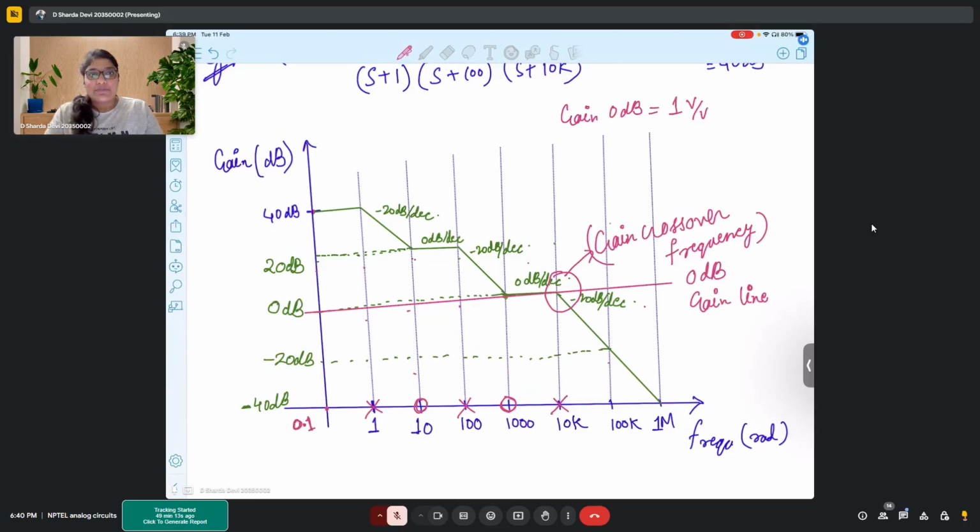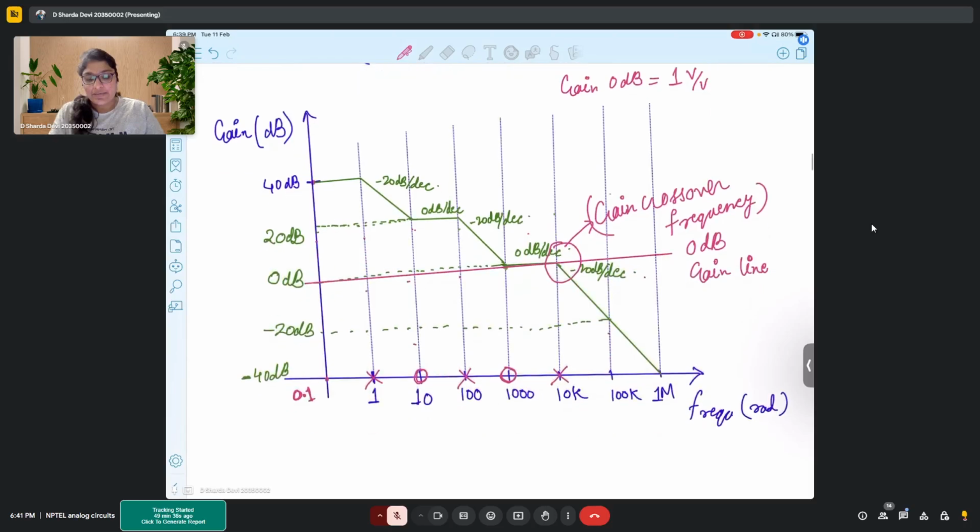Okay, so the idea is this particular frequency is gain crossover frequency. And when we are calculating phase margin for stability, we calculate phase margin at the gain crossover frequency. That's why this particular frequency is very important.